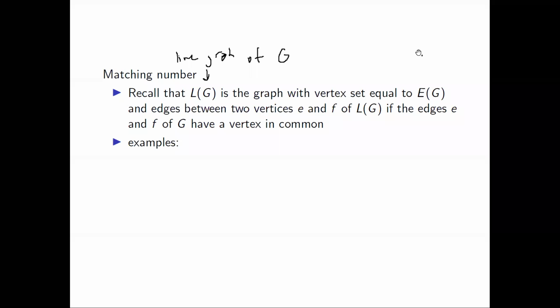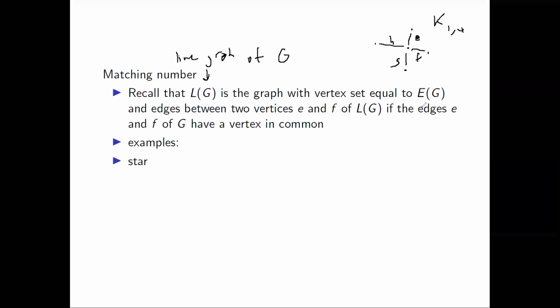And to review, let's look at some examples of line graphs. So let's consider a star. We'll just take like a K_{1,4}. And it has edges, we'll say E, F, G, and H here.